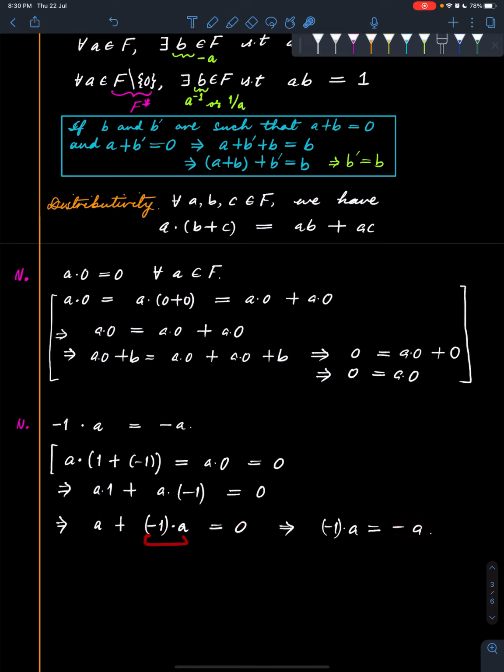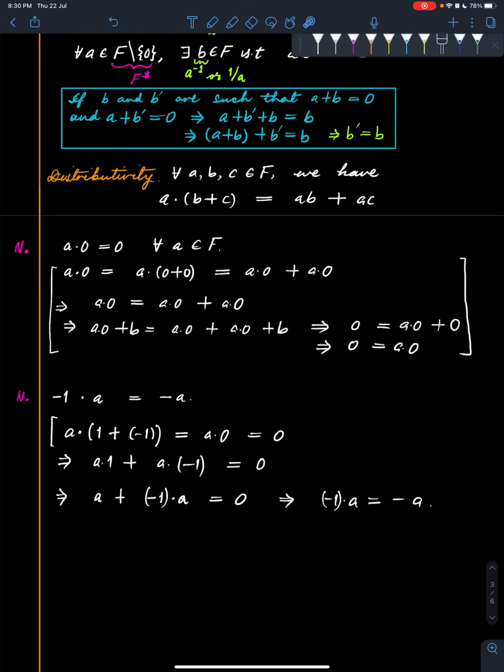So what you're left with is that, and therefore we have this equation. So we proved this fact.